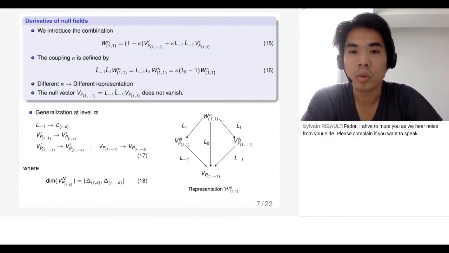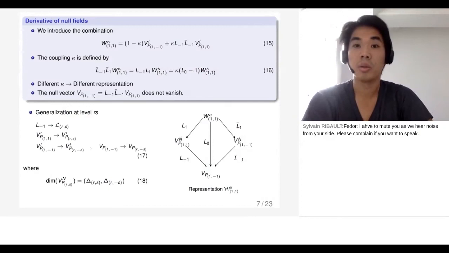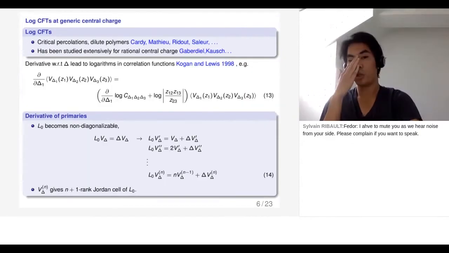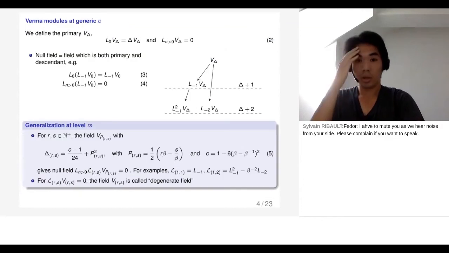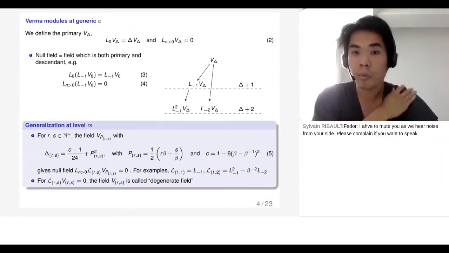So the question is which degenerate fields are null and which are not? You did not explain what it means to be null. By null, you mean it has a vanishing null vector, right? What do you mean by null?